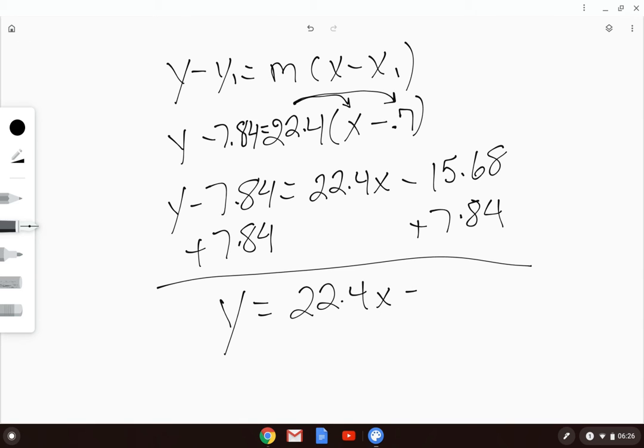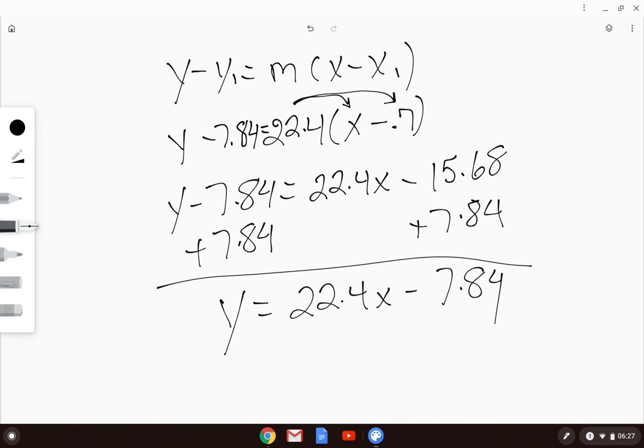So negative 15.68 plus 7.84 gives me an answer of, no, it's going to give me an answer of 7.84. All right, so there's my equation for my tangent line.